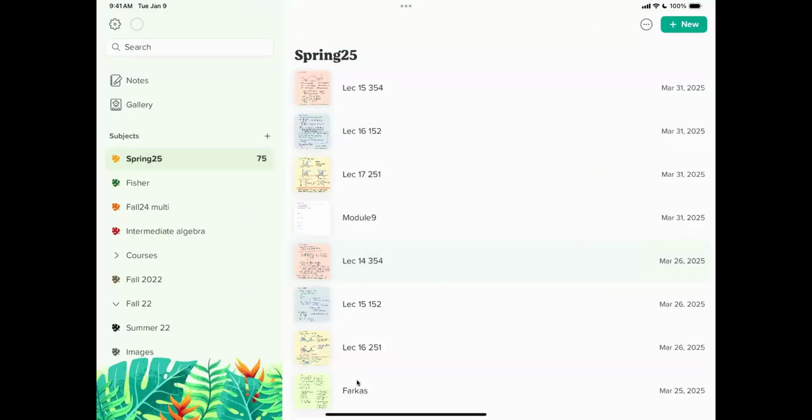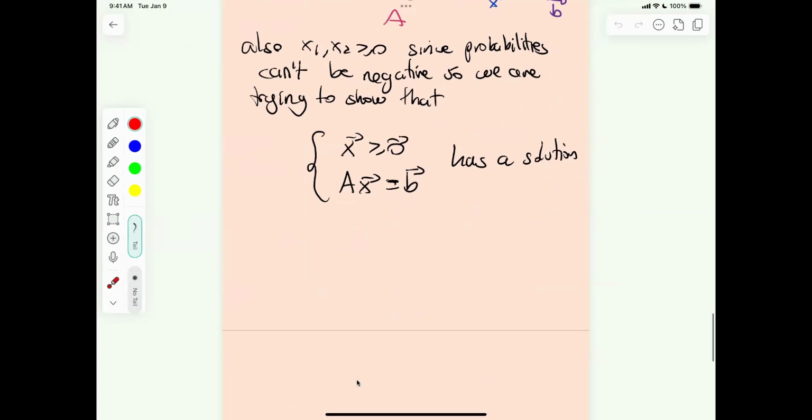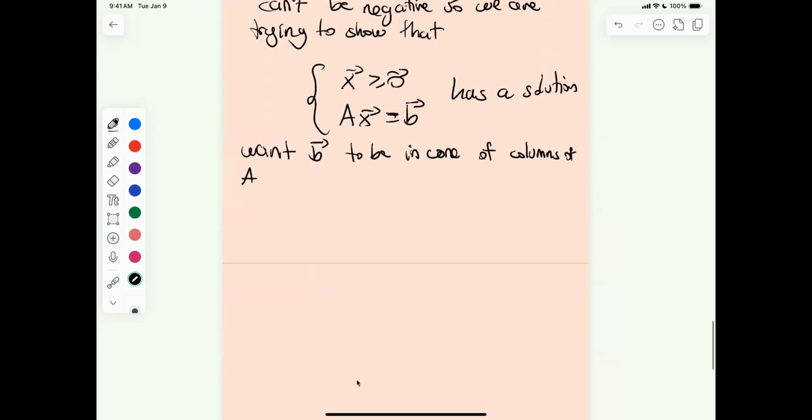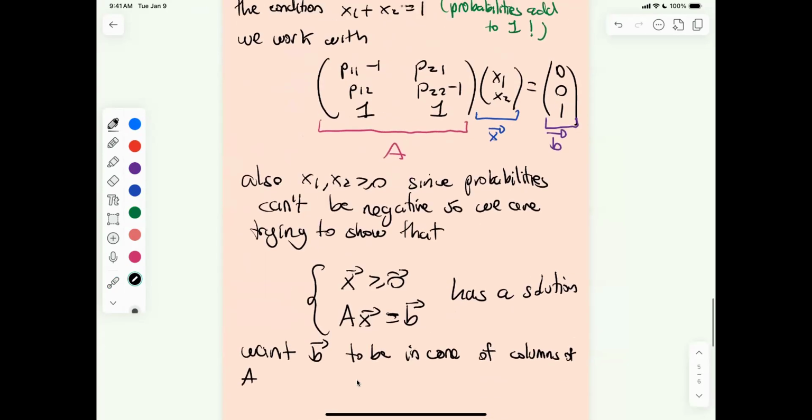So it's kind of a proof by contradiction. Geometrically, what I want to show is that b is in the cone of the columns of A. Again, I'll do it for this case, where there are only two columns.